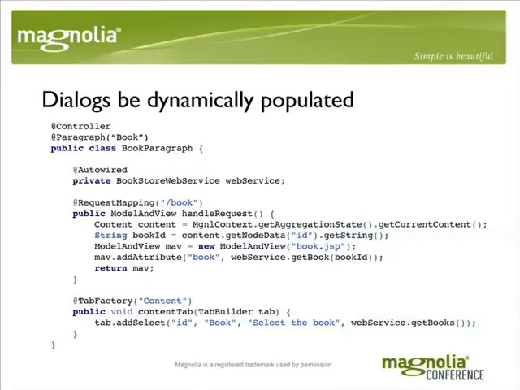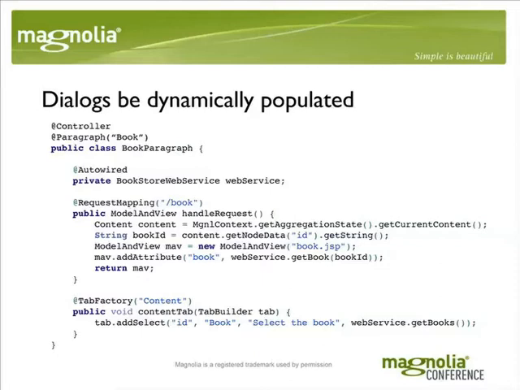This is a bit more complicated example. It goes back to the book controller example I used earlier to explain Spring Web MVC. So this is the book paragraph. What I've done is I've added the paragraph annotation, and I've said that the name of this paragraph is book. The bookstore web service here is dependency injected.